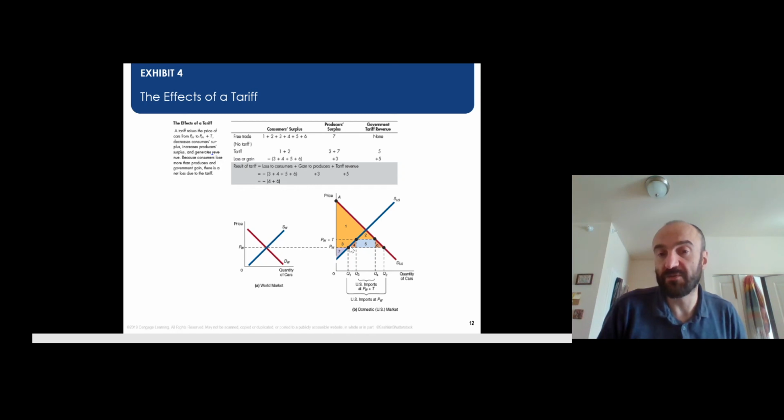Partially because domestic firms will produce more, partially because domestic buyers will buy less. So this figure number 5 is the new, smaller quantity of imports times the tariff. So that's the tariff revenue.